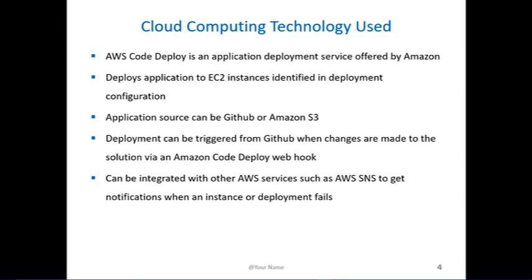It is offered by Amazon, deploying applications from S3 repositories or GitHub into an AWS instance. You can also create, as part of the deployment configuration, triggers that would notify users of any deployment failures or instance failures via an AWS SNS queue.